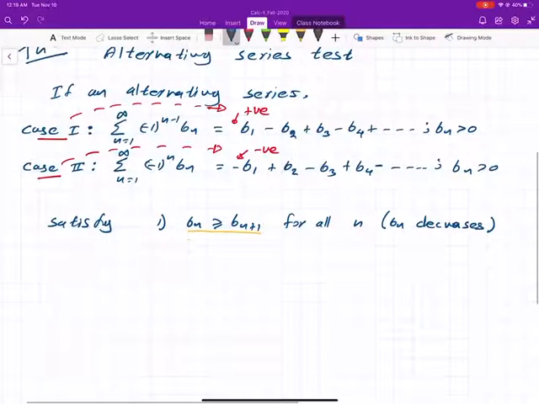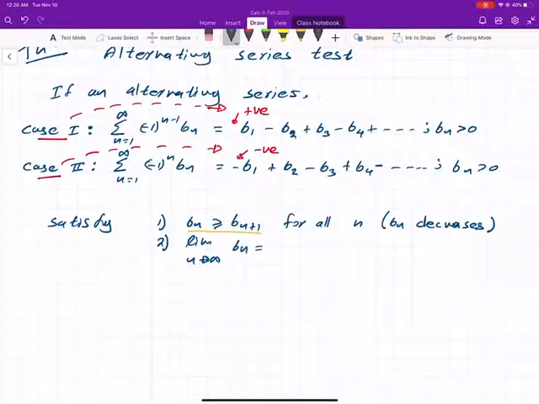Then 2, the limit as n goes to infinity of bn is 0. That means the nth term goes to 0 when n goes to infinity.